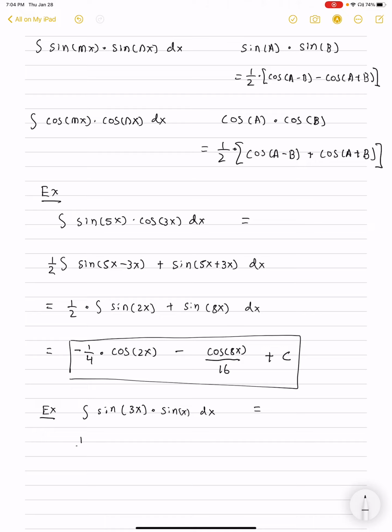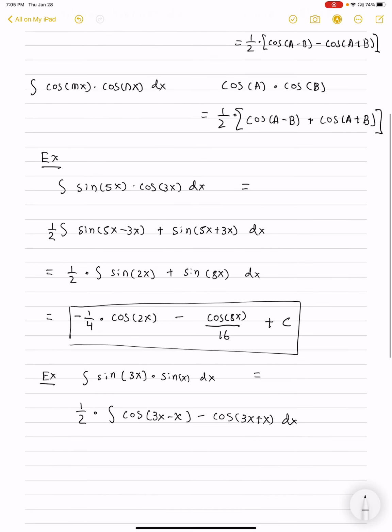So this will be 1/2 times this integral. So I put the 1/2 in the identity outside of the integral. And this will be cosine of 3x minus x minus cosine of 3x plus x.